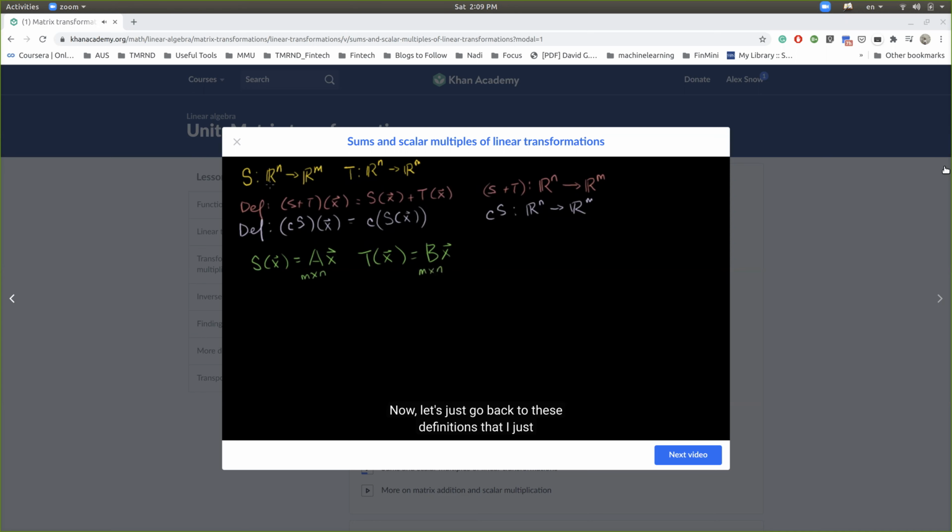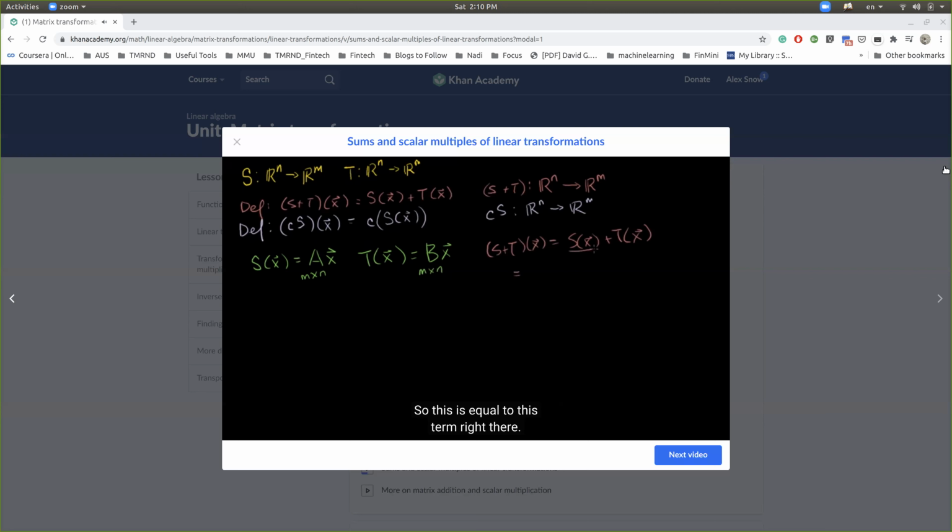Now let's just go back to these definitions that I just constructed. What is S plus T of x? You have S plus T of x, which is equal to S of x plus T of x, which we now know is equal to these two things.